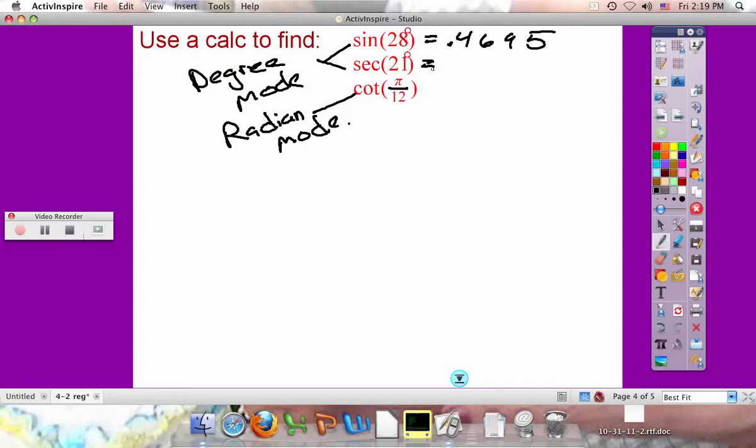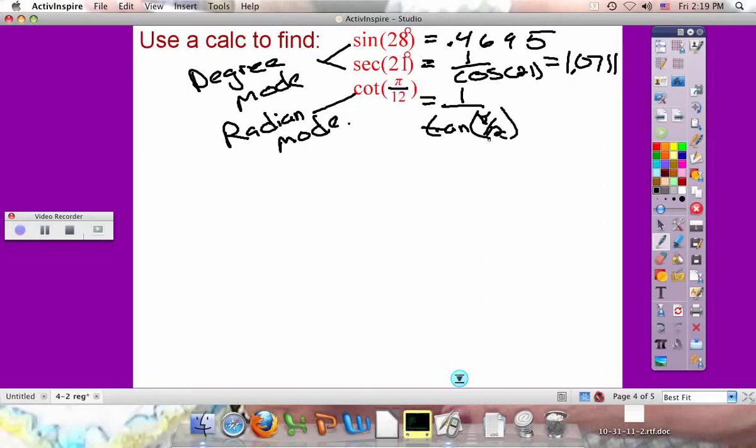Secant, however, is really the reciprocal of 1 over cosine 21. That's what you got to type in for that one. So we type in 1 divided by the cosine of 21 degrees. And we get 1.0711. Cotangent is really the reciprocal of 1 over tangent of pi over 12.